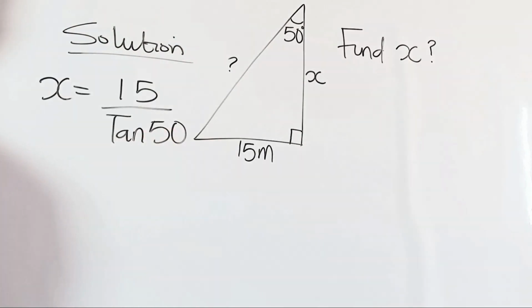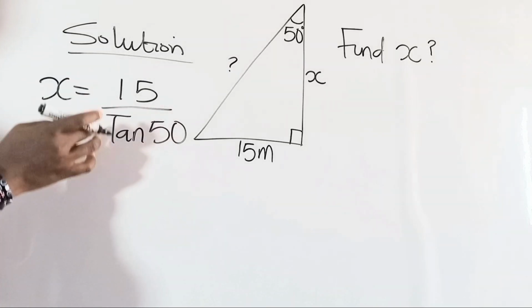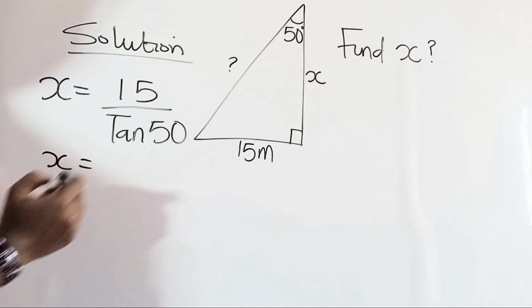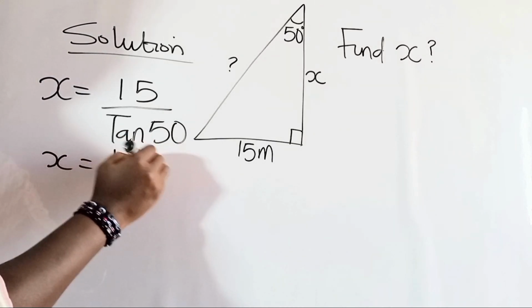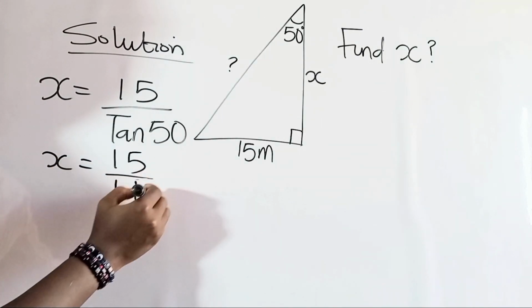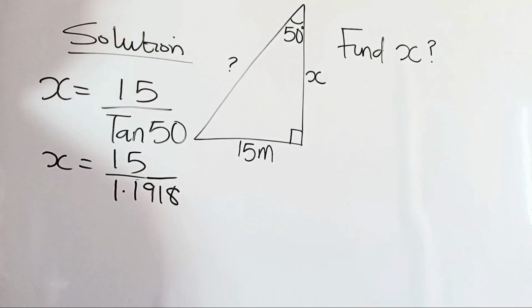We find the value of tan 50 using our calculator or our tan table of values. Using the calculator, tan 50 gives us 1.1918. So let's divide 15 by 1.1918.